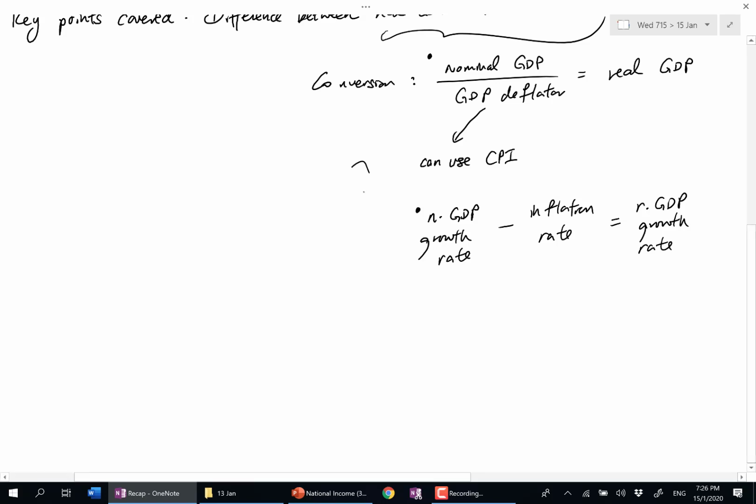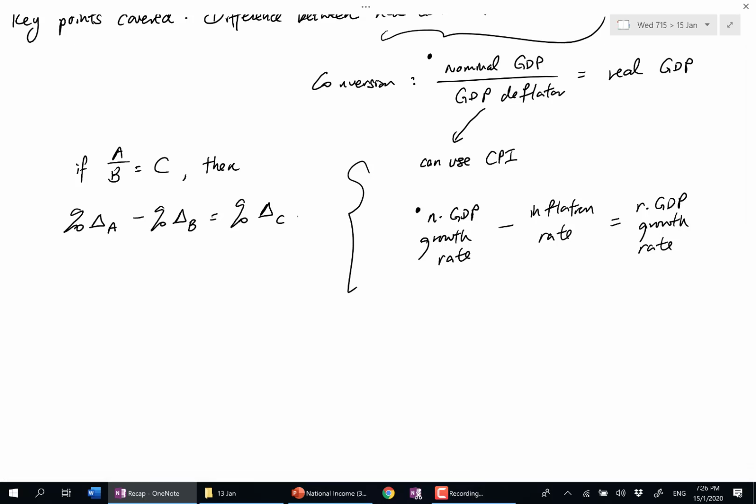In econs, if A over B gives you C, it follows that percentage change in A minus percentage change in B gets you percentage change in C. This is what happens in econs, right? So this is a mathematical approximation.